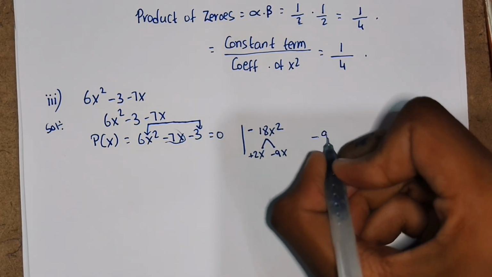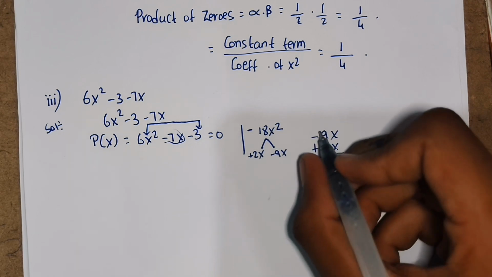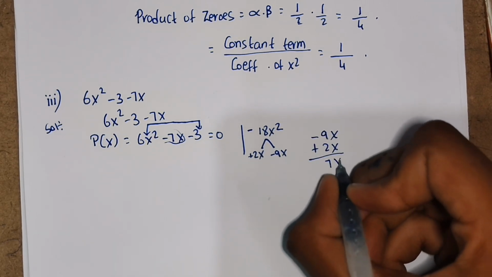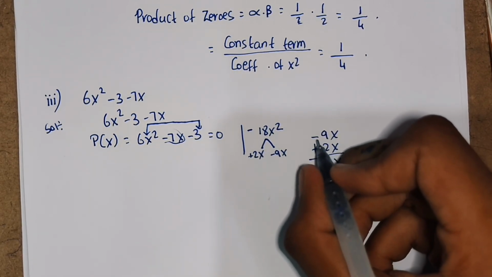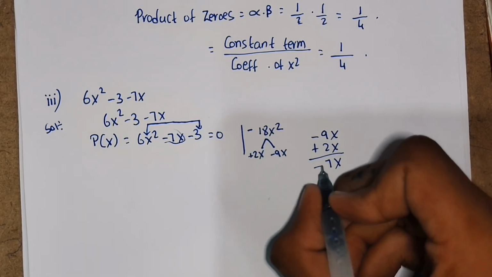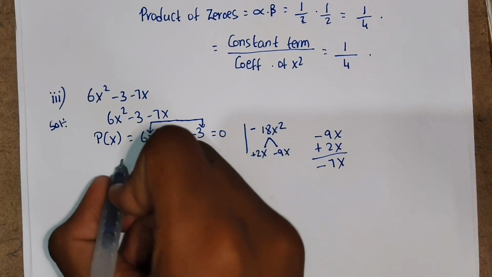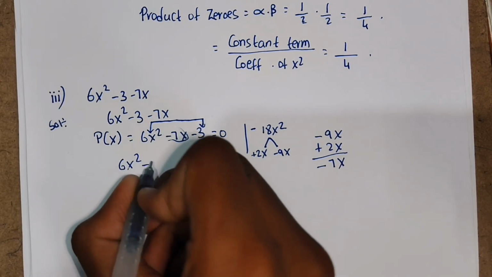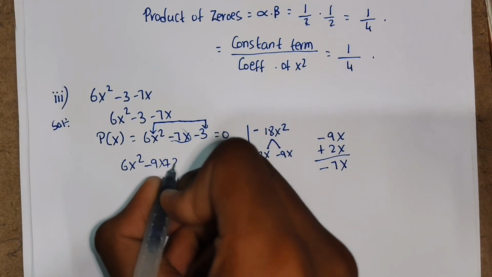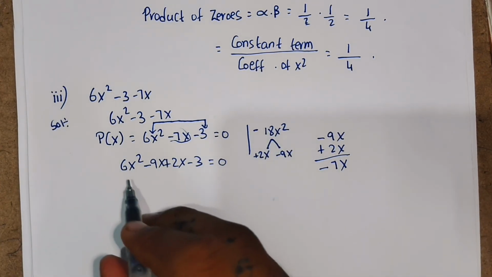So minus 7x, plus 2x, we want to subtract here. 9 minus 2, 7x. The bigger value, 9, has the minus sign. So minus 7x. So 6x square minus 9x plus 2x minus 3 equals 0.